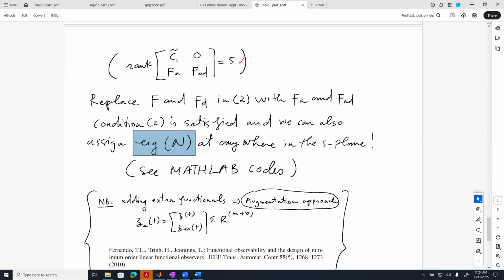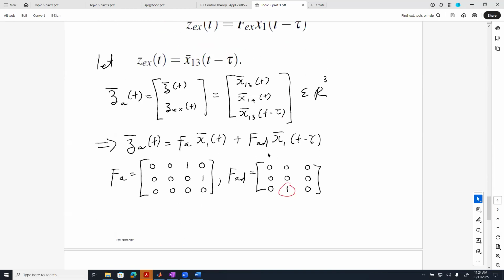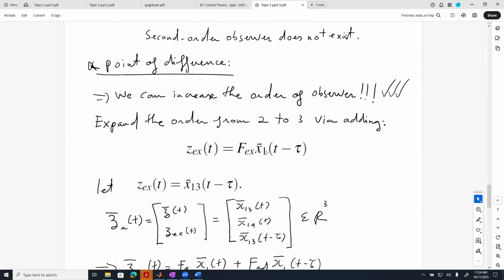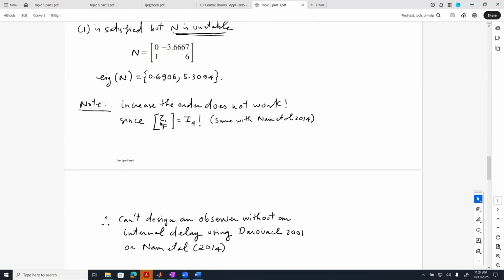So how significant is this? In the previous approach, we increased the order, but when we increased the order, it was just an arbitrary row which does not contain any delayed state vector.